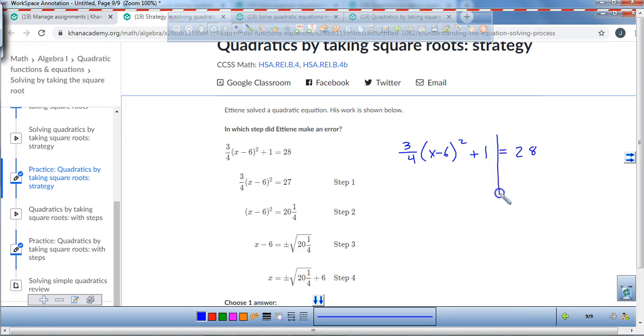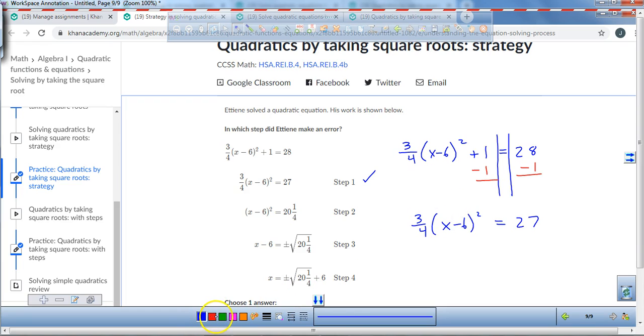So step number 1, I'm going to take away a 1 from this side and take away a 1 from this side. I'm going to rewrite what he should have written. And it looks like step 1 is correct.